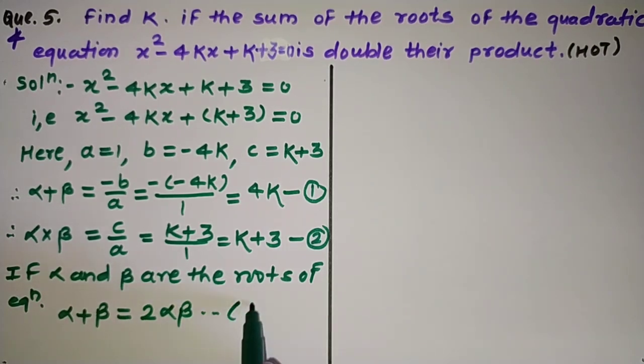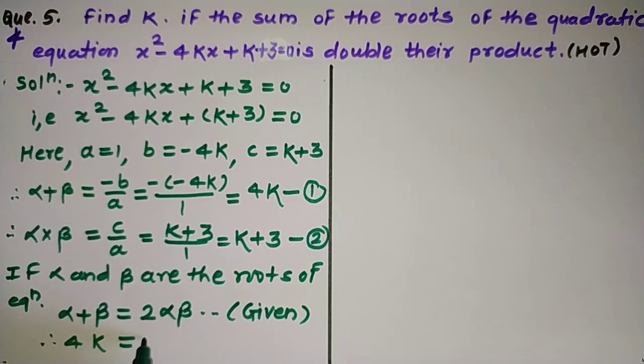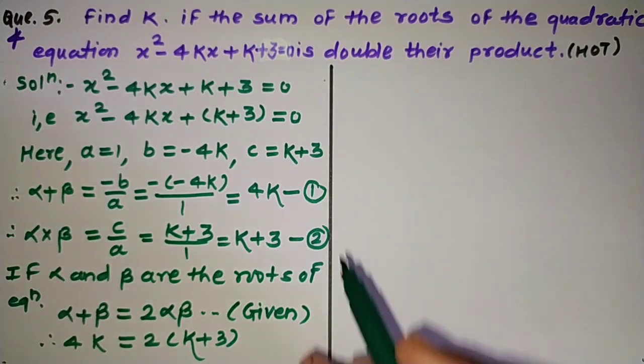It is the given. Put the value in this equation. Alpha plus beta is equal to 4k, plus 2 into alpha into beta, k plus 3.